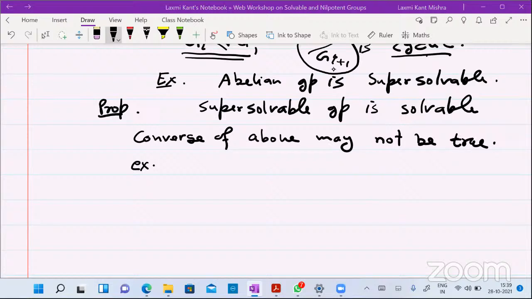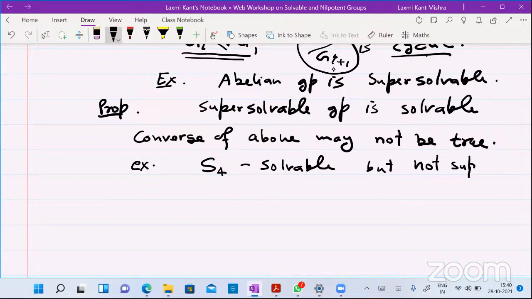Yes, S4. We know S4 is solvable, but it is not super solvable. Why is it not super solvable?